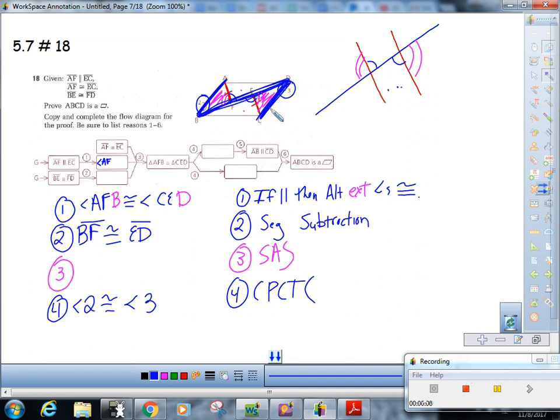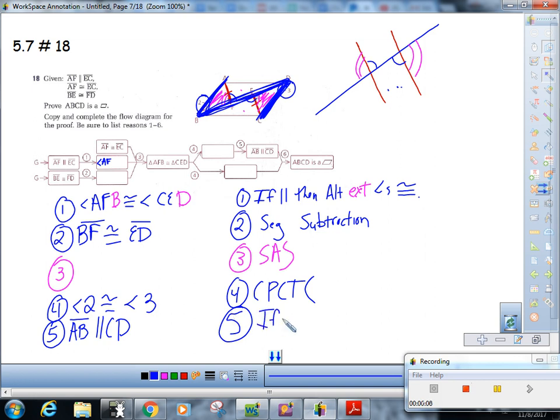Can you see that? So now what do we know? We know from step 5 that AB is parallel to CD. And how do we know that?